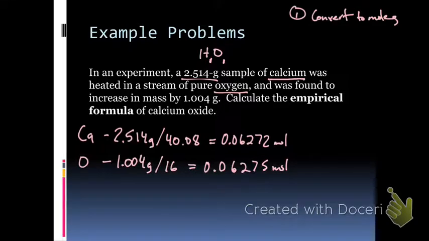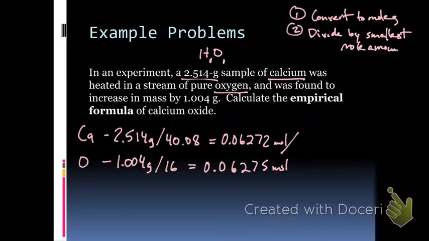And so what we're going to do is divide by the smallest mole amount. The reason we do this is we want to get whole numbers, right? When I write HO, it's not like I have H0.25 O0.25.